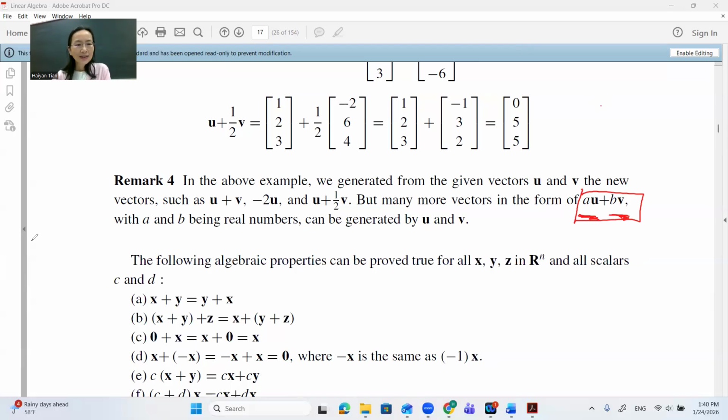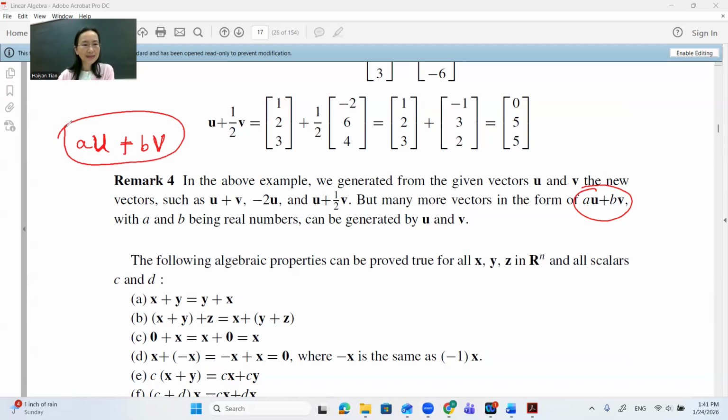This is a certain vector because the scalar multiple of u is just a new vector, scalar multiple of v is also a new vector, and then you add them together, that's another new vector. So this is a linear combination of u and v, involving only two vectors.